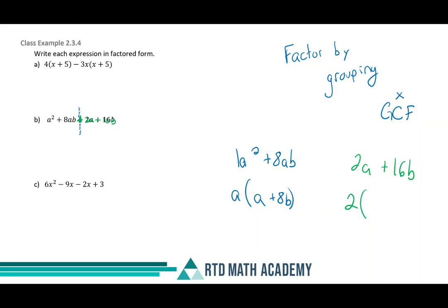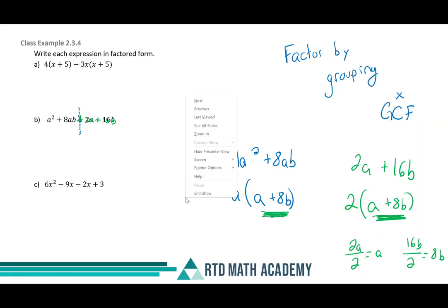I only have 1a here, and I only have 1b here, so that's not overly helpful, but at least I found that there was a 2 that was common. So I can take 2a, which is my first term, divide out my greatest common factor. The 2's cancel each other out, and I'm left with an a. I can do positive 16b and divide out my greatest common factor, which is 2. I can see that that leaves me with 8b. And it's the same for both of those terms.